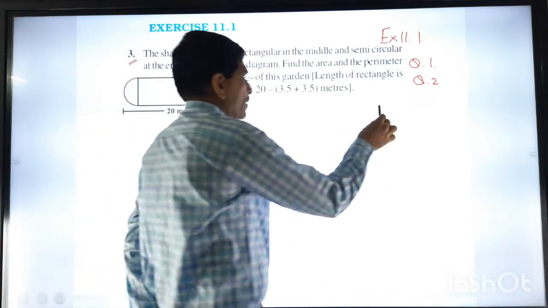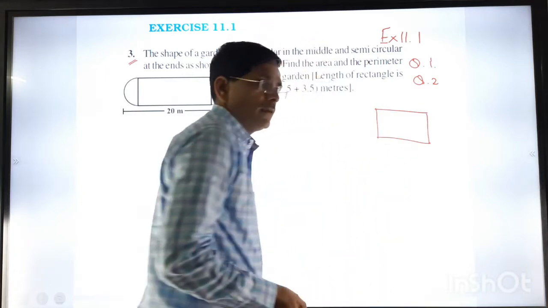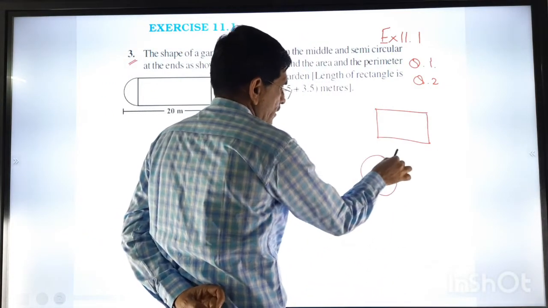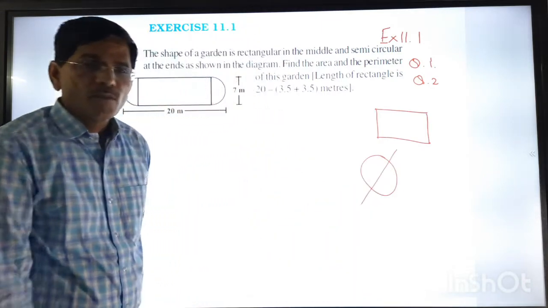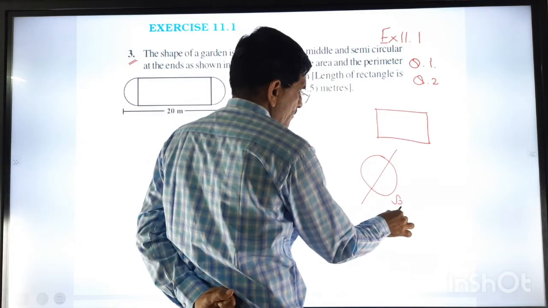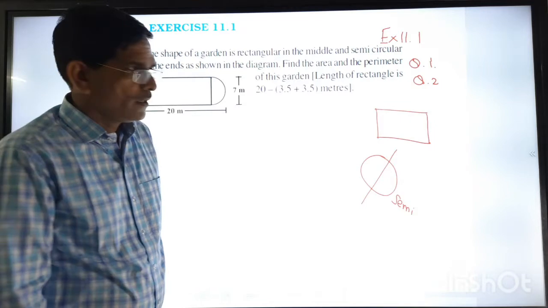So here it is a rectangle. Now if I divide the circle into two parts, what can we say? It is called a semicircle.